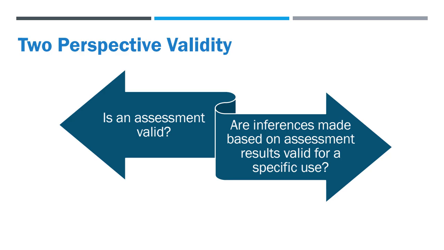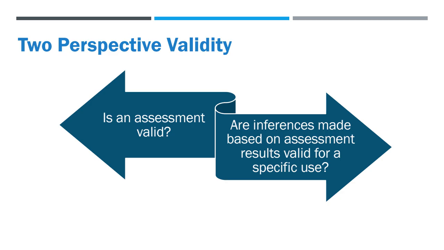So, broadly speaking, there are two perspectives. One says validity is about the tool itself. It's about the assessment task itself. And it usually comes down to: is an assessment valid? Does this assessment measure what it claims to measure? And the other one takes a wider lens.